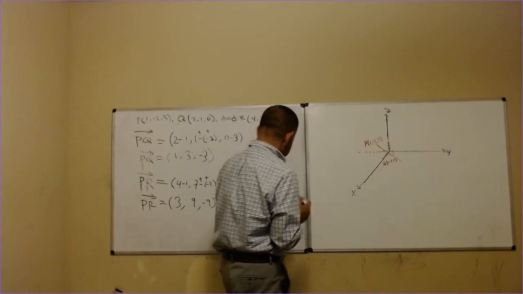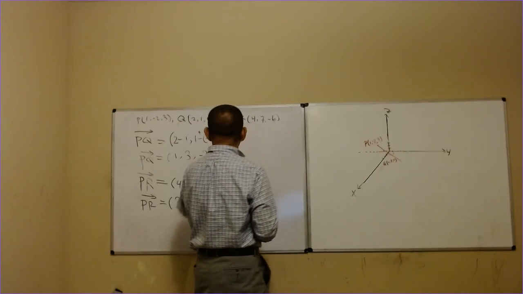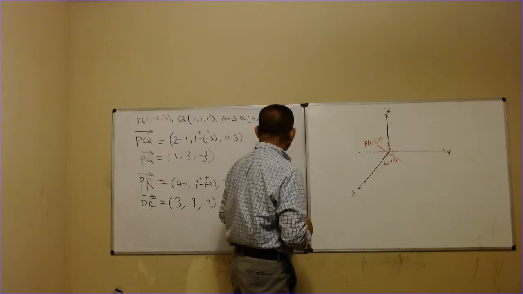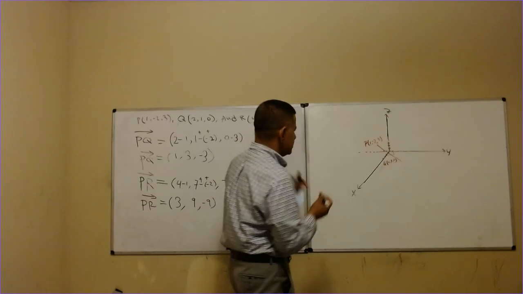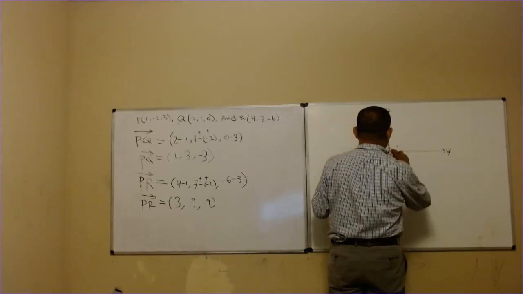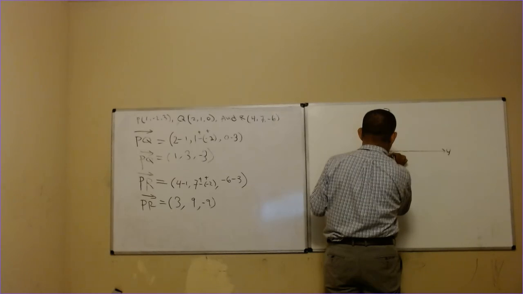Now, starting from X again, I hope this is making sense. Starting from X, I'm going to travel Y 7 units, right? So let me make this a little more to scale.